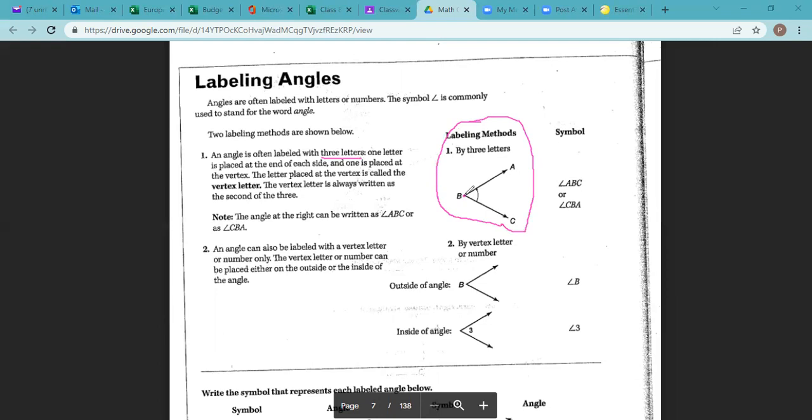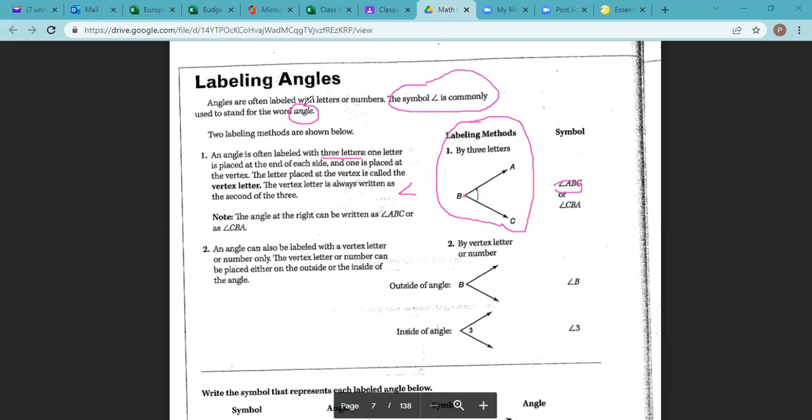If you have 3 letters, you're going to use this little symbol. It almost looks like a less than sign, tilted up just a tiny bit. That symbol represents the word angle.